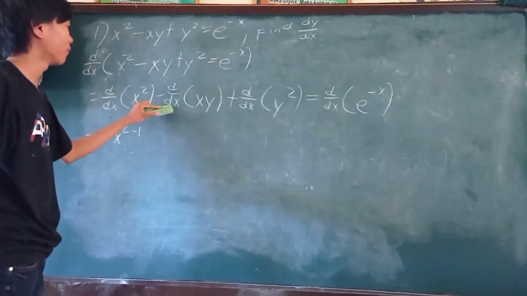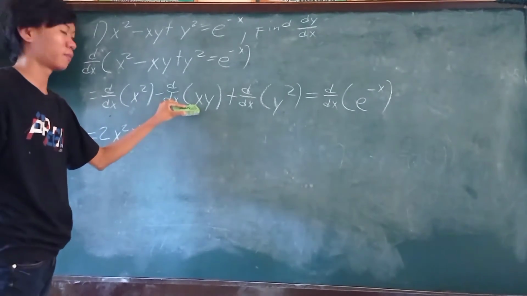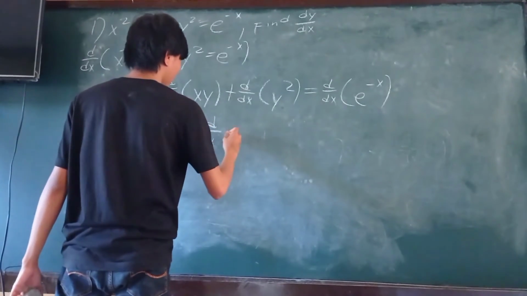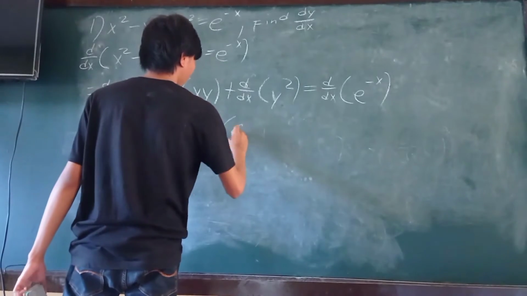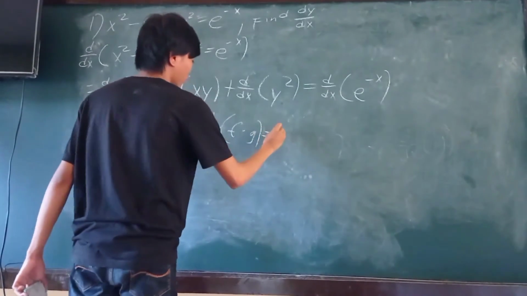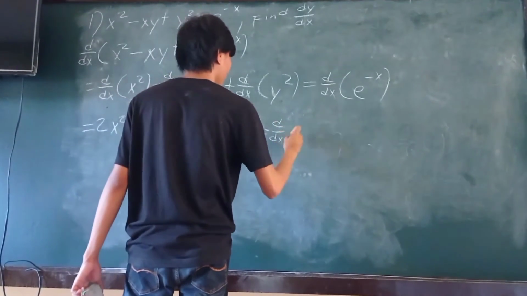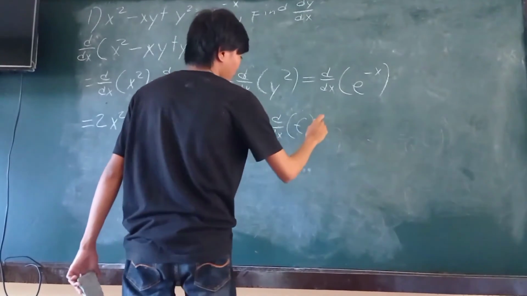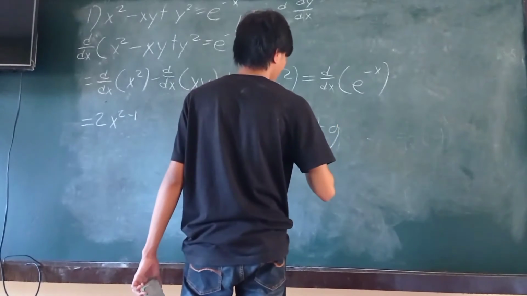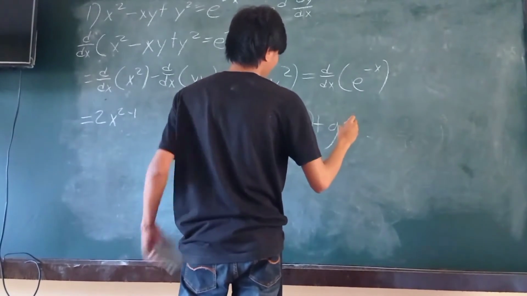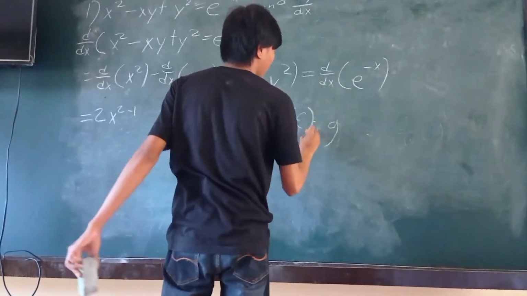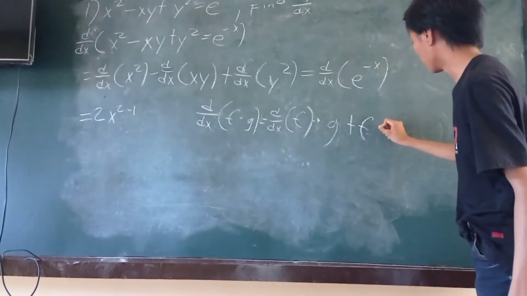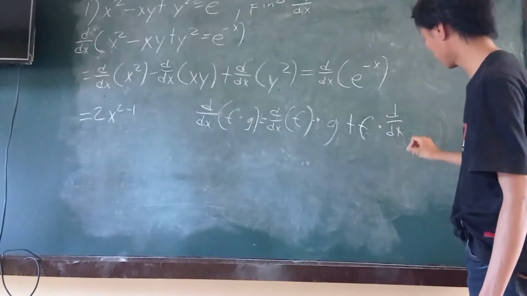To get the derivative of xy, we're going to use the product rule, which is d over dx of f times g is equals to d over dx of f times g plus f times d over dx of g.